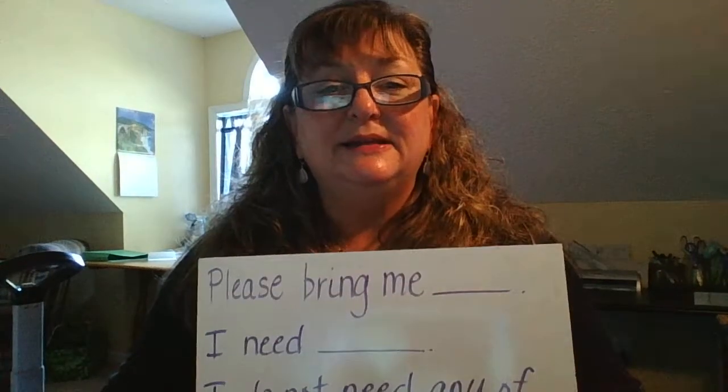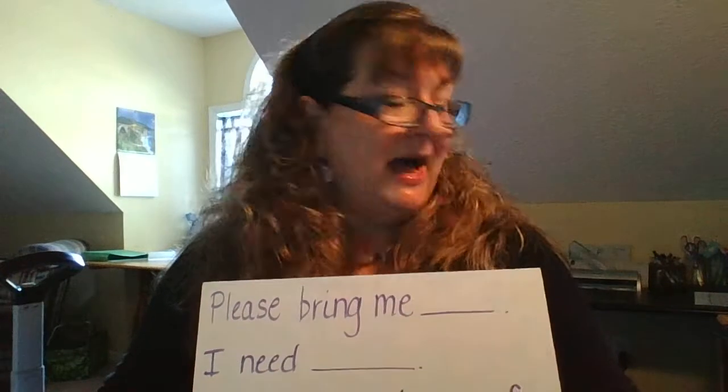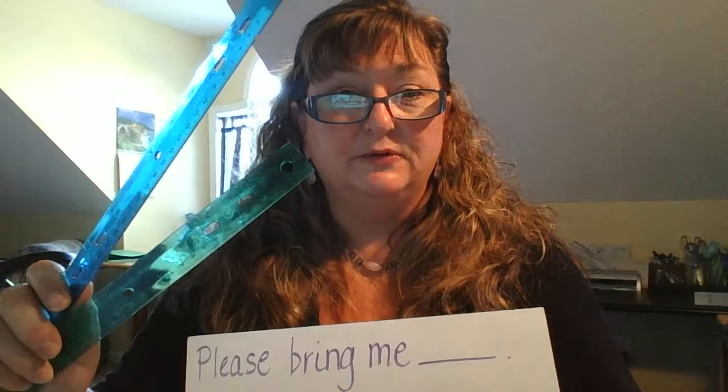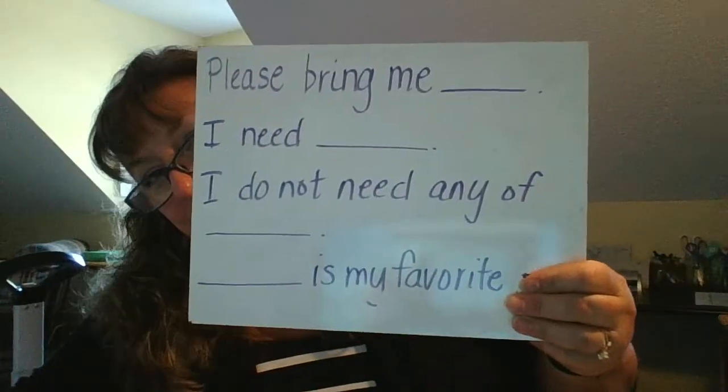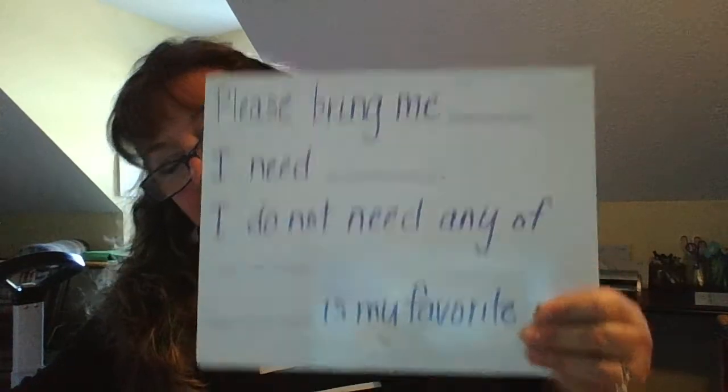The next sentence says, I do not need any of, and I'm going to show you my 2 rulers. So there's 2 of them. I don't need any of, you see that blank is going to be those. I don't need any of those.